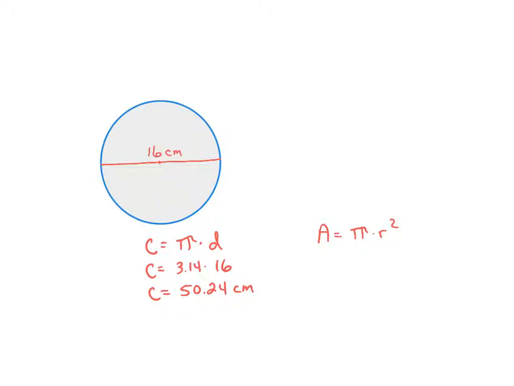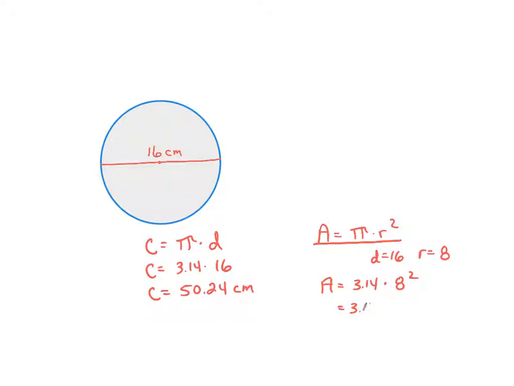To find the area is pi times the radius squared. Well, if the diameter is 16, that means the radius has to be half of that, or 8. So my area is going to be 3.14, which is pi, times 8 squared. 8 squared means 8 times 8, which is 64.